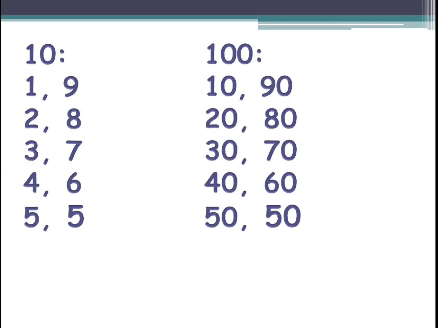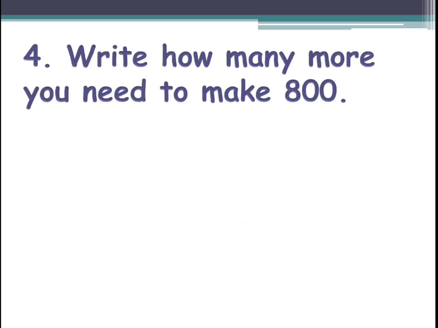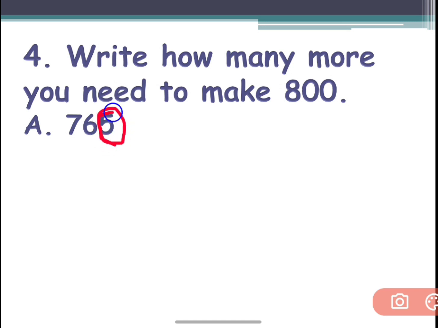Now let's see here, children. Write how many more you need to make it 800. The answer should be 800. The question is 765. From the right side we will make it 0 and 0. In ones place you have 5, so this you have to make as 10.